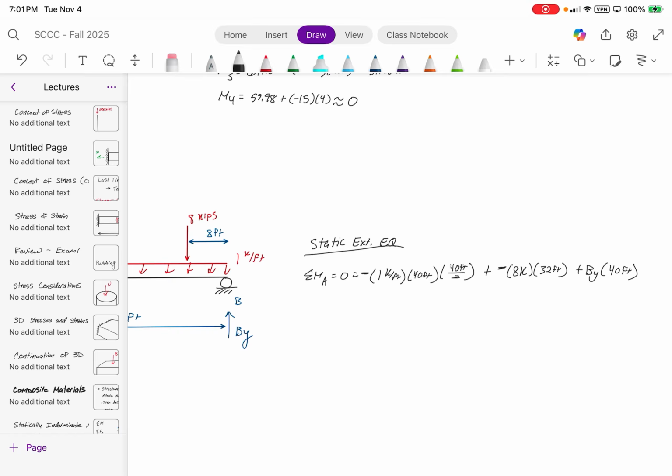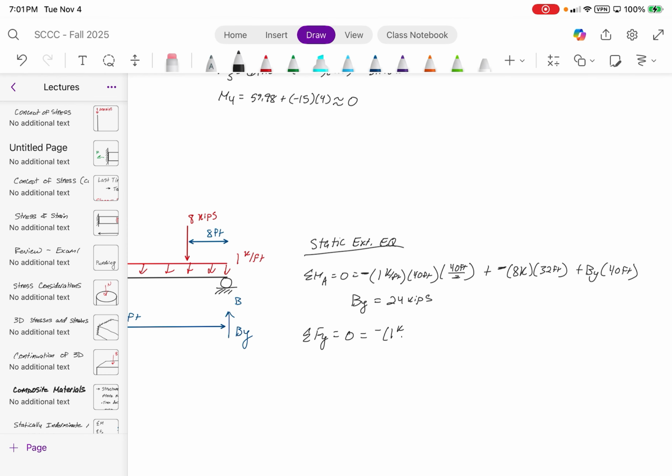Solving for this, you should get BY equal to 24 kips. Everyone get that? From here, you do sum of the forces in the y direction equals 0.